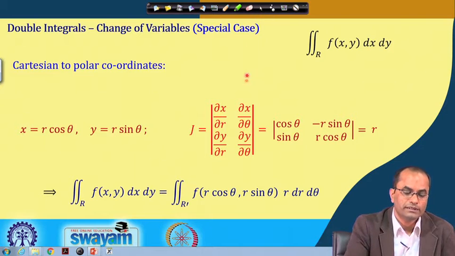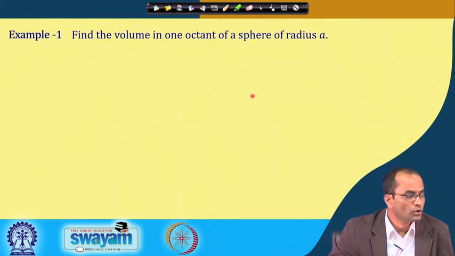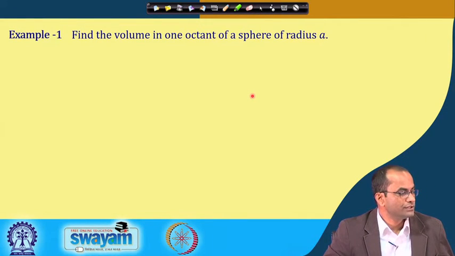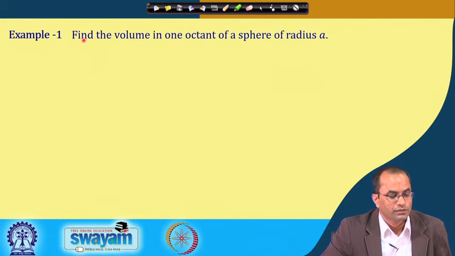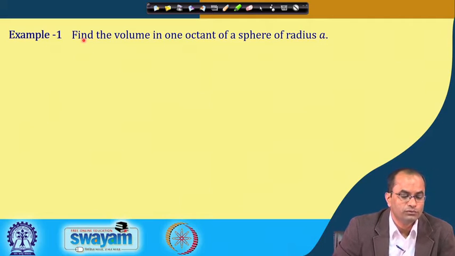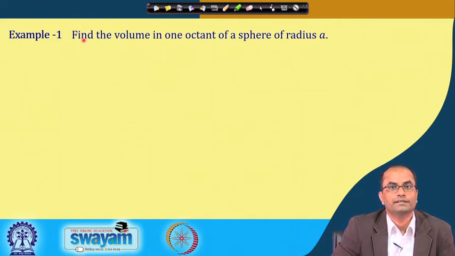With this we can now go through the examples. The first one is to find the volume of one octant of a sphere of radius a.